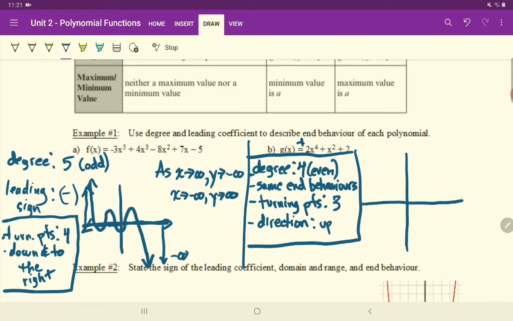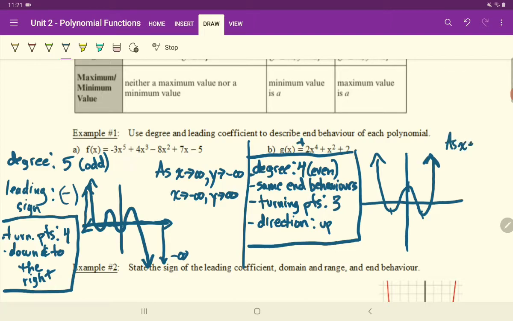Very rough sketch. So it's going to be opening up, degree of 4, 3 turning points. Okay, so ready? 1, 2, 3 turning points. Right, 1, 2, 3. So what are our end behaviors?